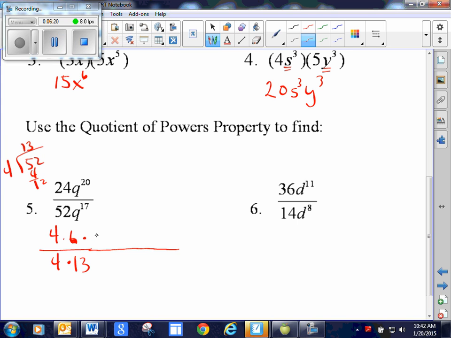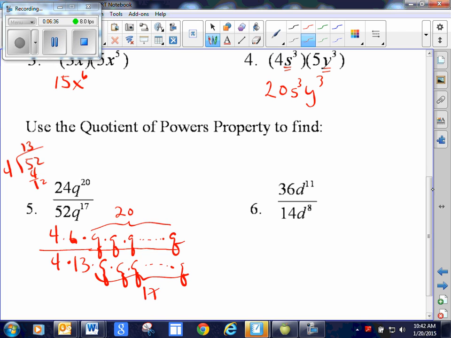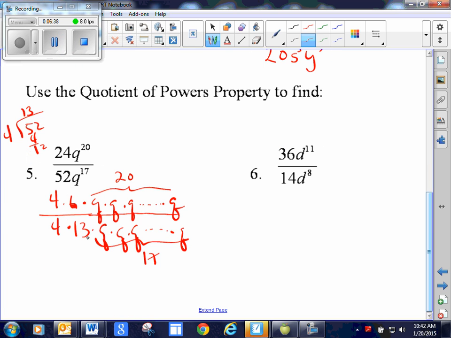Let's pretend like we're going to write these out 20 times. So let's say there's 20 q's stretched out here, and down here, there's 17 q's stretched out. After we cross out the 17 down here, all of them crossed out, with 17 up here, how many are left? 3 are left.